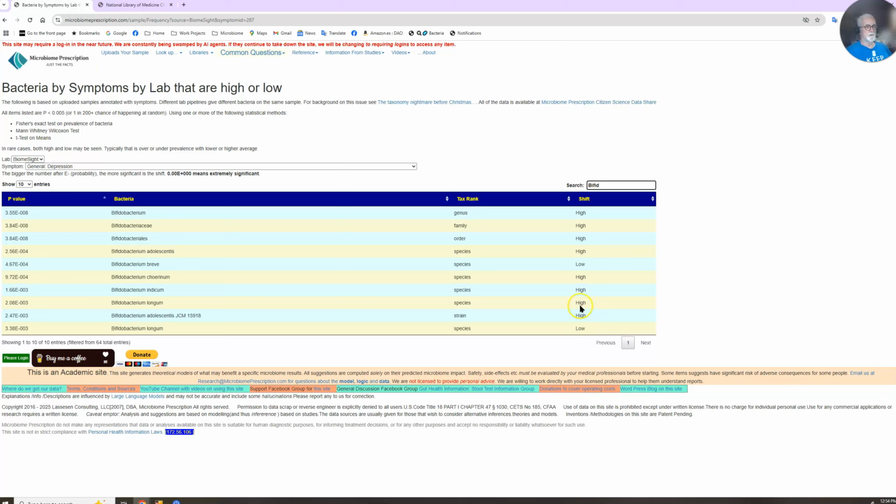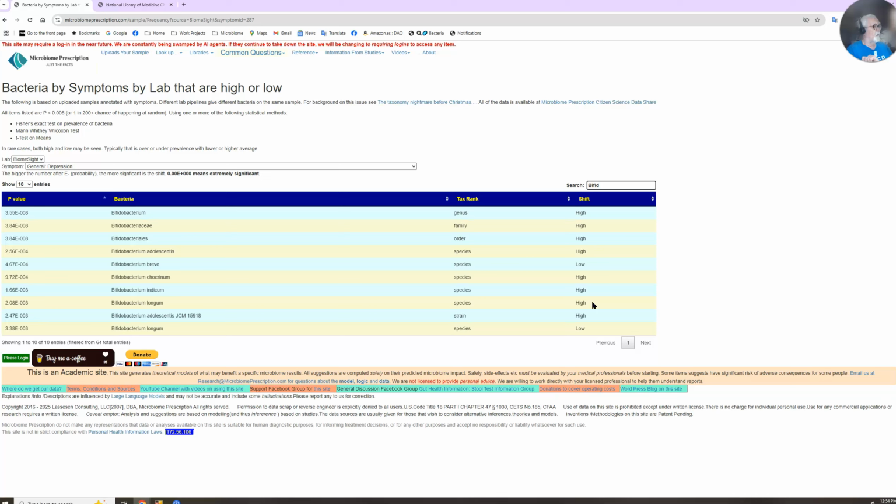What it means is that the frequency of being seen may be low, but when it's seen, the amount is high. The average amount is high. So there's something wacky in how the Bifidobacterium happens in the gut of people with depression and other people.